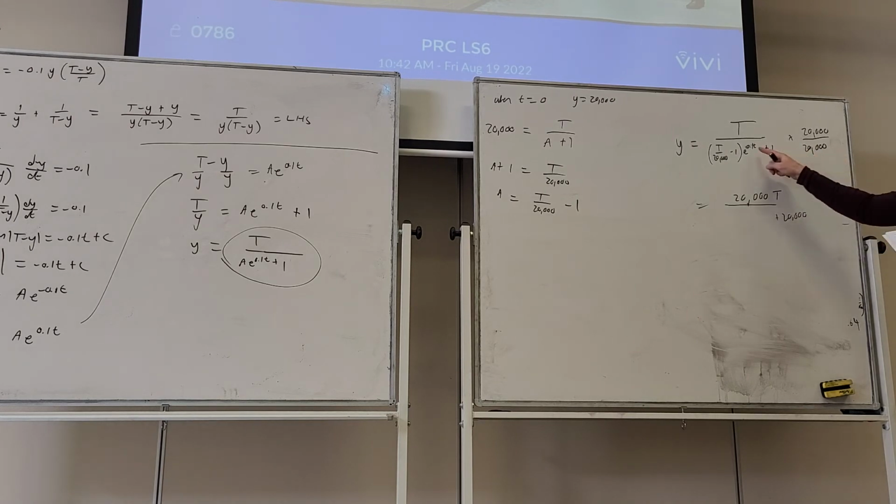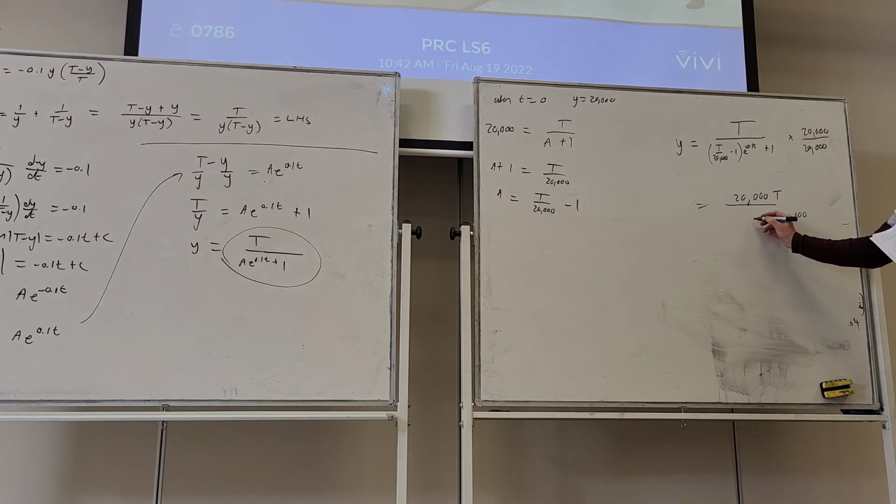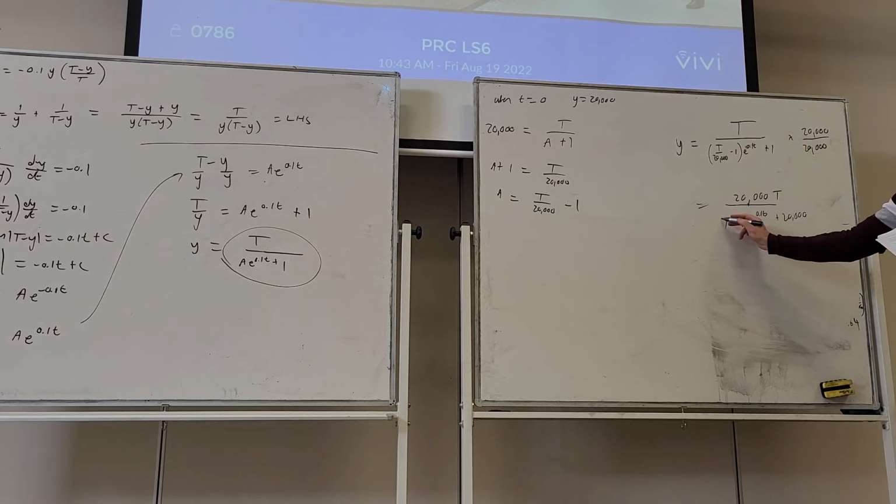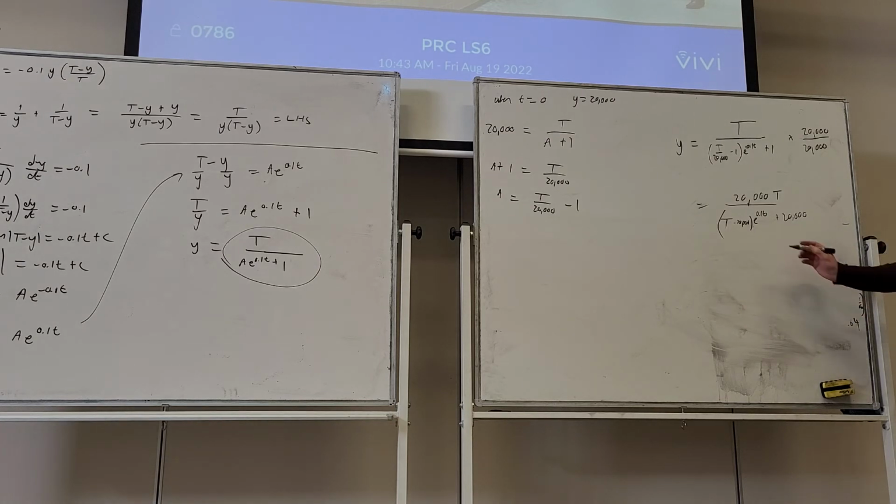And then it distributes into this bracket as well. So we're going to have e to the 0.1t, take 20,000, and here, when we distribute it, we're just left with the t. Okay, so that's exactly what we're after. Alright, so with that last part, just a bit of wrestling with it until you get the same as what they're after you to have.